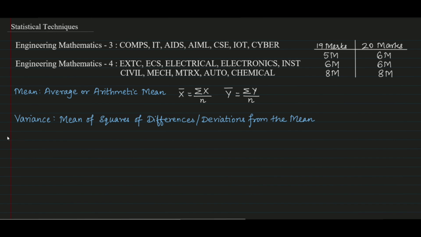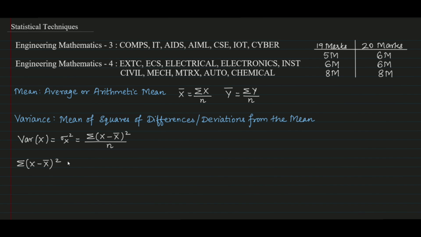So variance of x is denoted as sigma square x and written as summation of x minus x bar the whole square by n. Now this summation of x minus x bar the whole square can be evaluated using the identity a minus b the whole square. So using that we get x square minus 2 times x bar x plus x bar square.